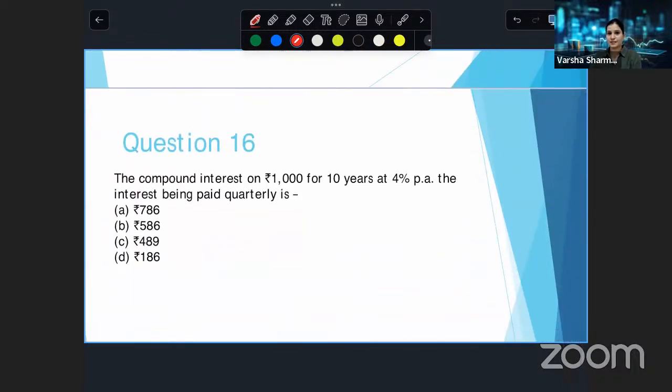16. The compound interest on rupees 1,000 for 10 years at 4% per annum, the interest being paid quarterly. Quarterly, 4% will become 1%. 1 year, 4 installments. 10 years, 40. N will be 40.